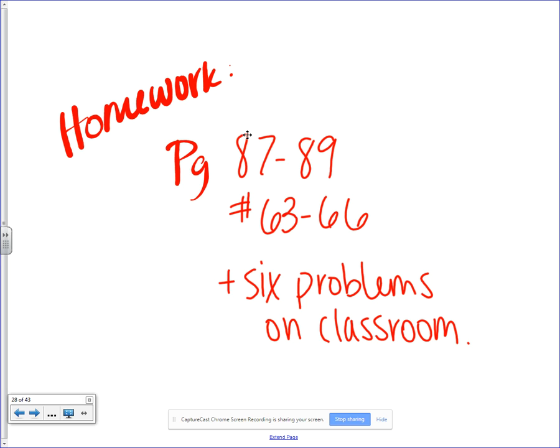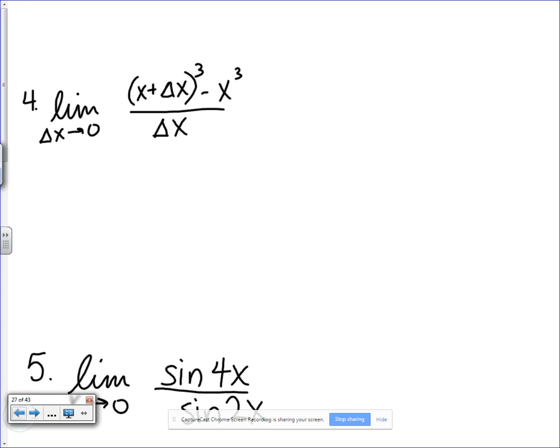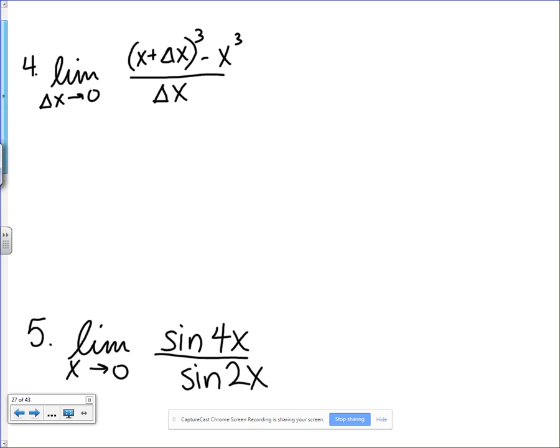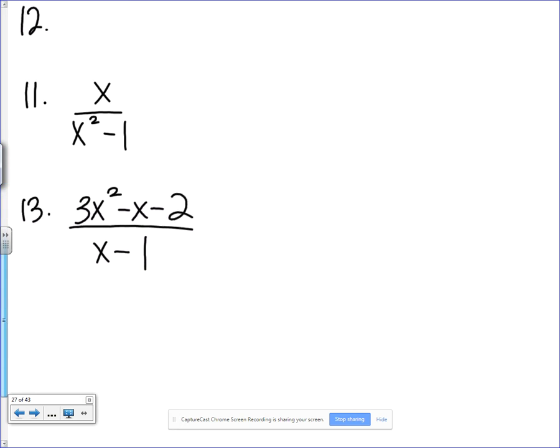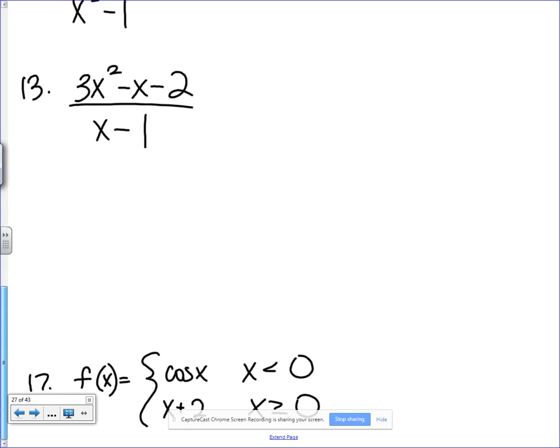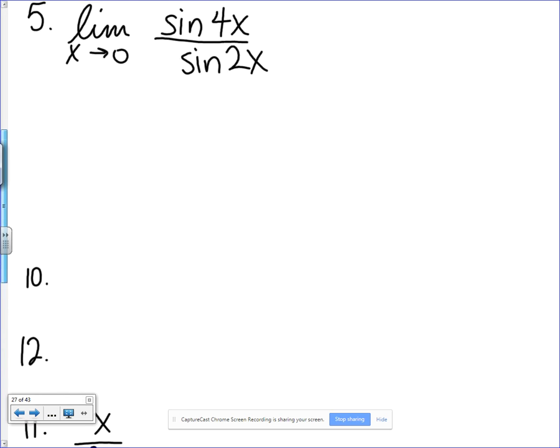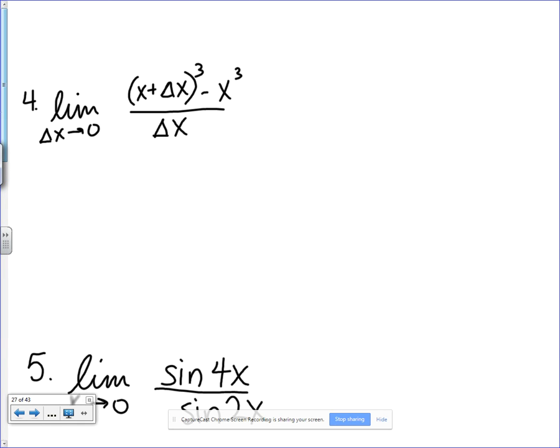And let's see what I wanted you to do here. I think these must come out of your book, and actually I do think I'm going to do these for you. These are out of your textbook, and we're just going to do a couple more examples so you can get a little bit more of a feel for some of these problems.